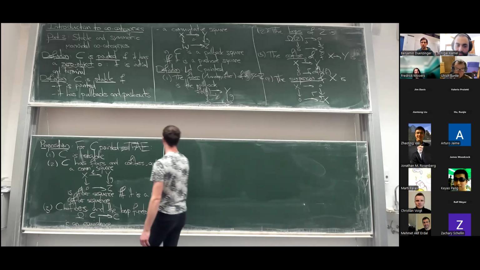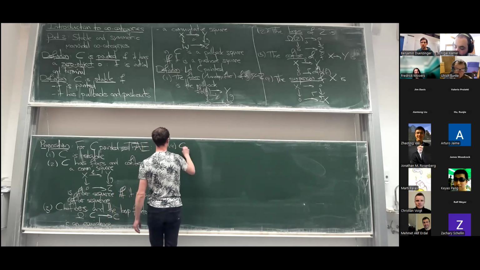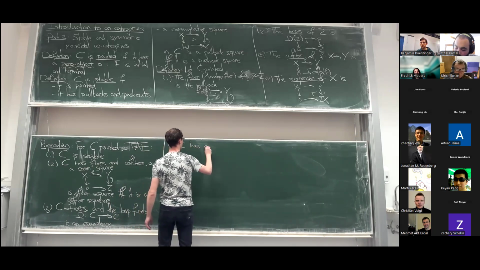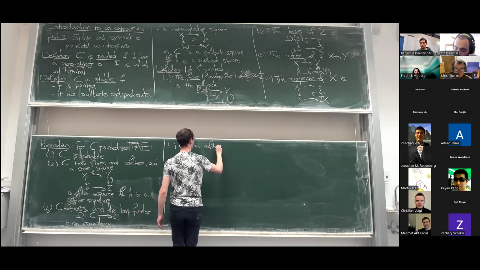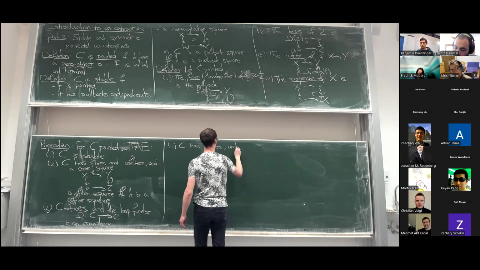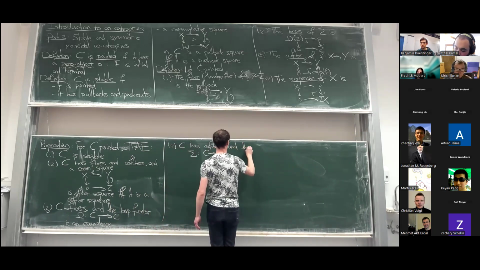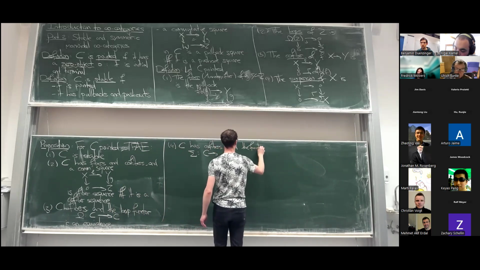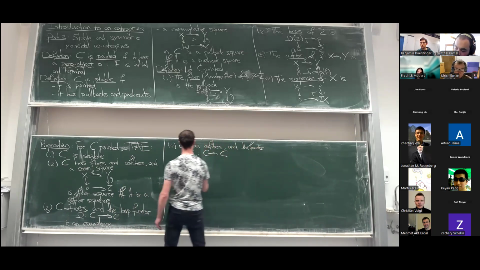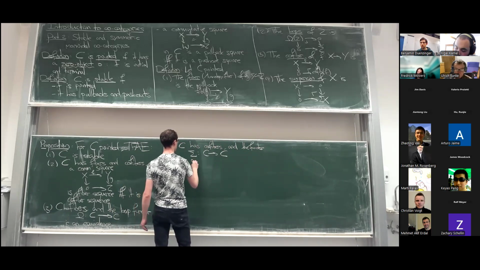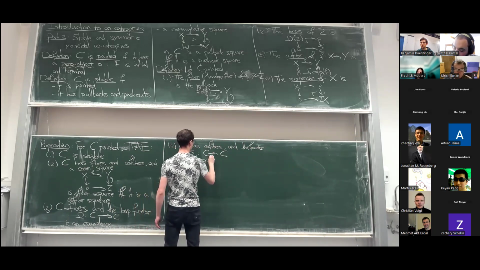And then fourth is a dual condition. C has cofibers. In particular, it has a suspension functor. And we require the suspension functor to be an equivalence of infinity categories.